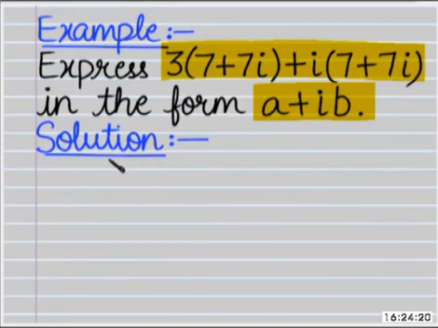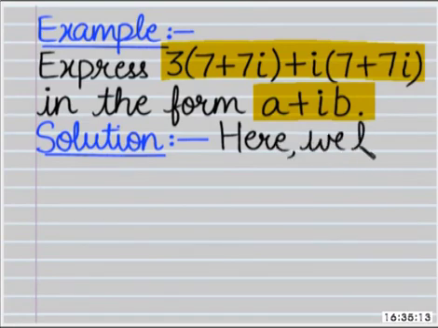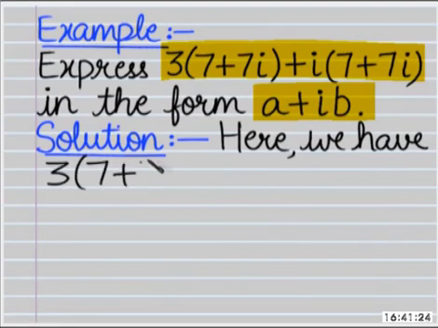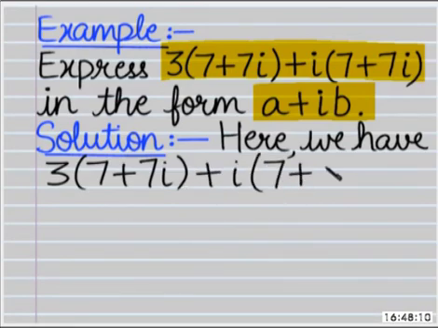Now let us see its solution. Here in the above example we have 3 whole multiplied by 7 plus 7 into iota plus iota whole multiplied by 7 plus 7 into iota.